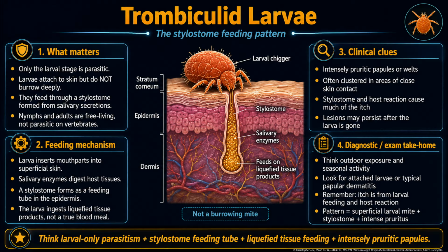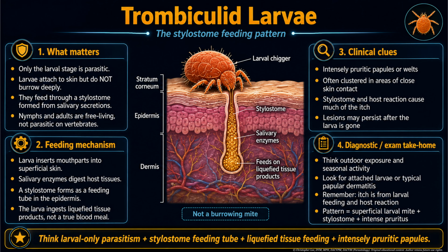Much of the itching and inflammation is caused by the combination of larval feeding, salivary enzymes, and the host inflammatory response. This also helps explain why lesions may persist even after the larva is gone. The patient may no longer have a visible chigger, but the stylostome and the host reaction can keep the site inflamed and pruritic.